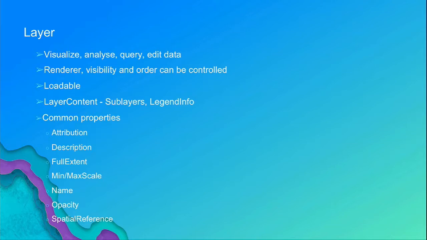Besides the loadable interface, layer also implements the layer content interface, through which you can obtain a sub-layer from a layer. Like some map image layers have sub-layers. You can use this interface to obtain the sub-layers. And you can also fetch legend info from the service and display a legend for a layer. There are a few common properties such as attribution, description, and min and max scale of a layer, and also the spatial reference and opacity of the layer.